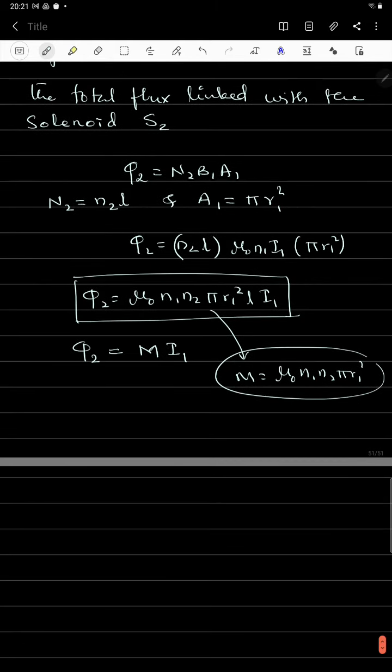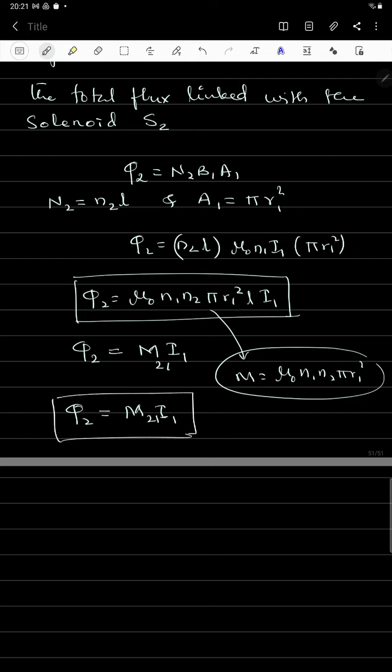So here this M is due to the coil of 2 from coil of 1. So we can write this expression: phi 2 equals M21 into I1.